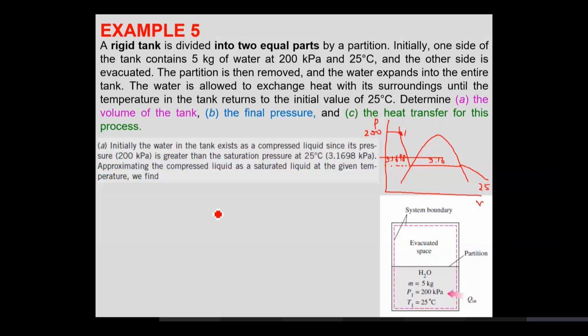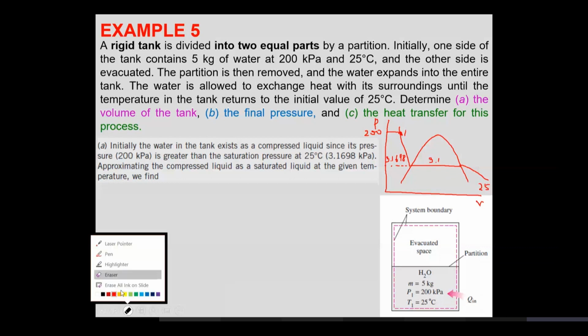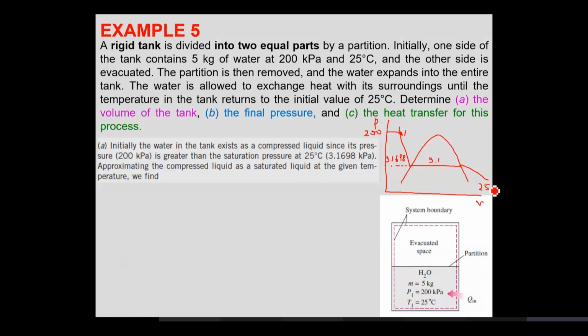Now, if you have this information with you, is your water at state 1 compressed liquid, saturated vapor, superheated vapor, or mixed region? For state 1, your pressure is 200 kilopascal, your temperature is 25 degrees centigrade. Your pressure is greater than the saturation pressure at 25 degrees centigrade.